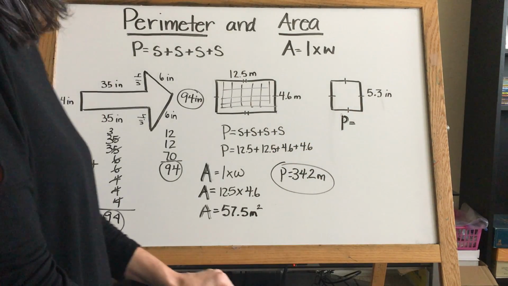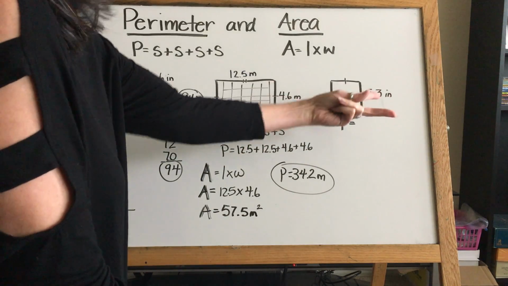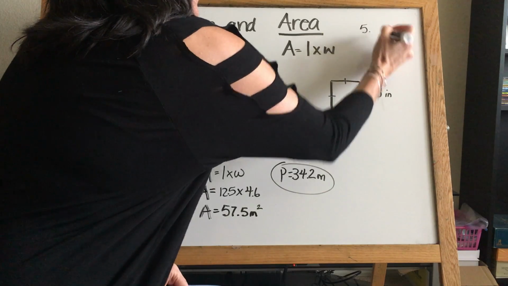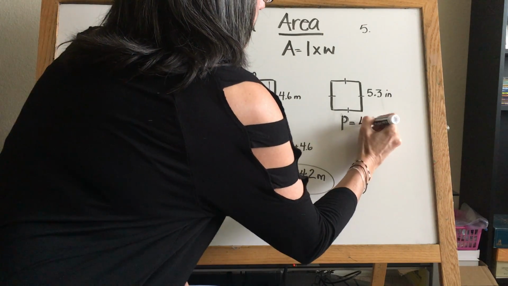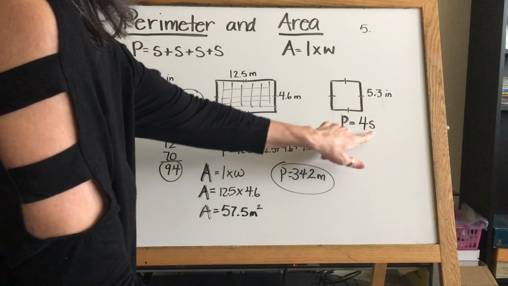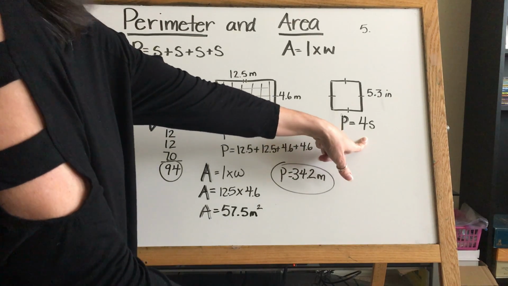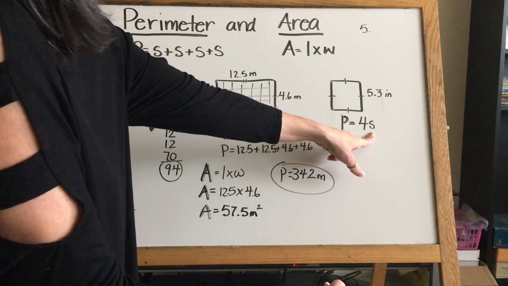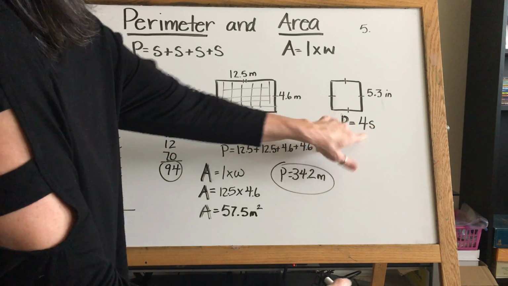Well, they're all the same. They're congruent. So instead of adding all that together, because you guys are really good multipliers, it's just going to be easier for you to do perimeter equals 4s, which is 4 times side. And you can use this formula for perimeter if you're finding the perimeter of a square, because all your sides are congruent. You can just multiply your side times 4.